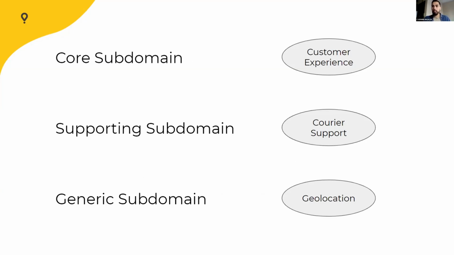Or also supporting subdomains. These are domains that are not in the main business flow, but there are teams inside that interact with the main business flow to provide coverage and support. Or generic subdomains that are not useless, but they don't provide business-specific information or behaviors. They are important to define how things work in other domains, maybe.